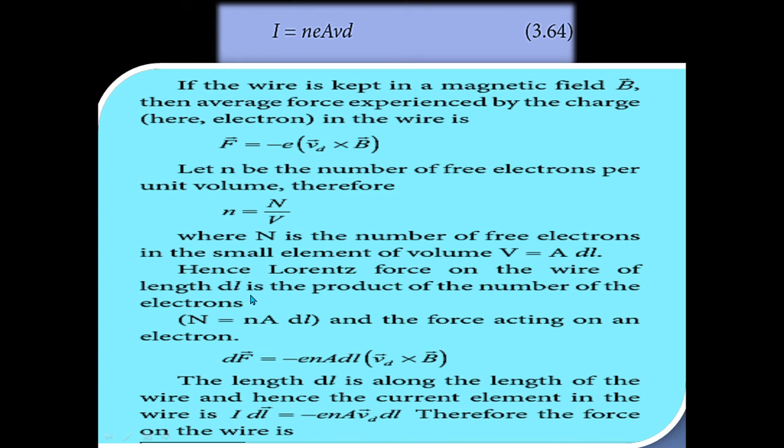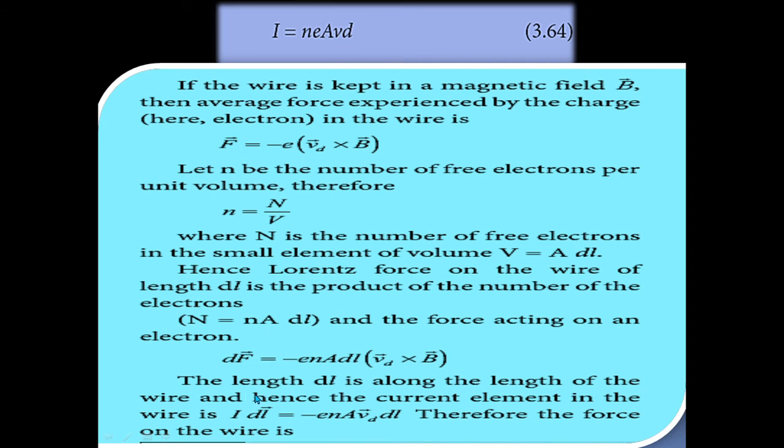Capital N is small n into V, and V is A dl. So the force dF vector is equal to minus e n A dl into Vd vector cross B vector, where the number of electrons is capital N, that is n A dl.